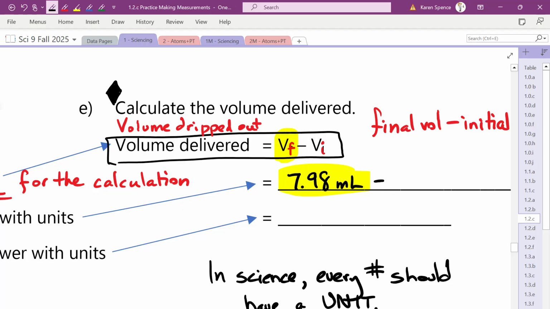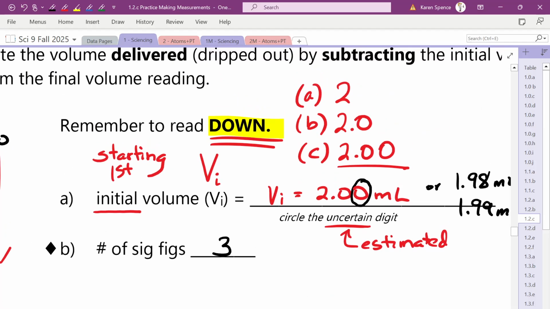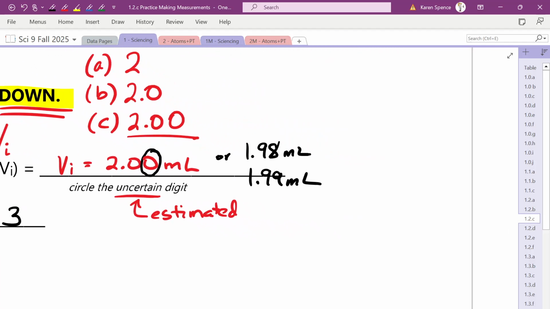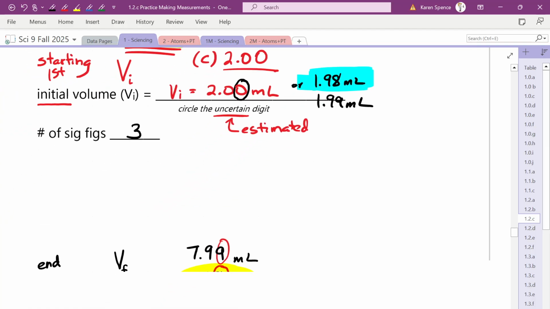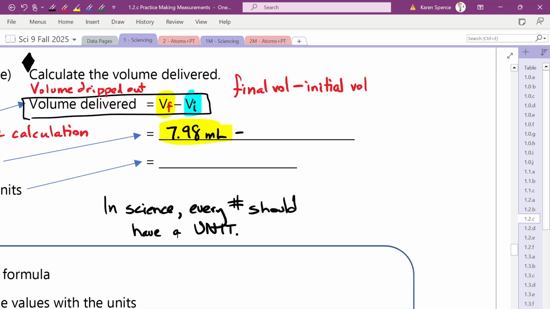And then we had our initial volume. Now we're going to look for our initial volume, which was way up at the top here. And I'm going to make my math really easy by choosing 1.98. That's going to make my math super easy. So we're going to subtract. Whoops, not there. Wrong place. Supposed to be further down.